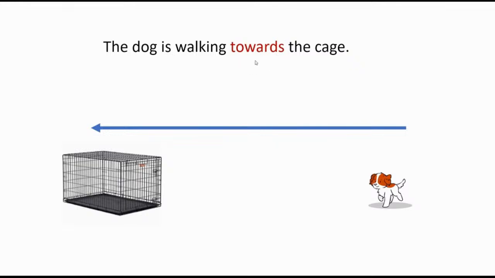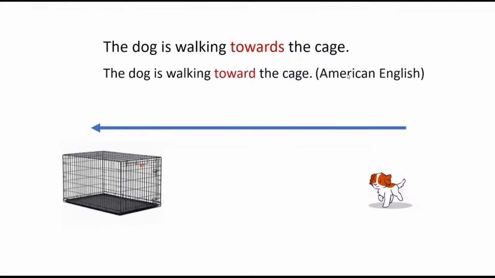Towards with an S is British English, and the dog is walking toward the cage. Toward without an S is American English. But the meaning of these two, toward with an S and toward without S, is the same. Alright? So let's look at the animation.